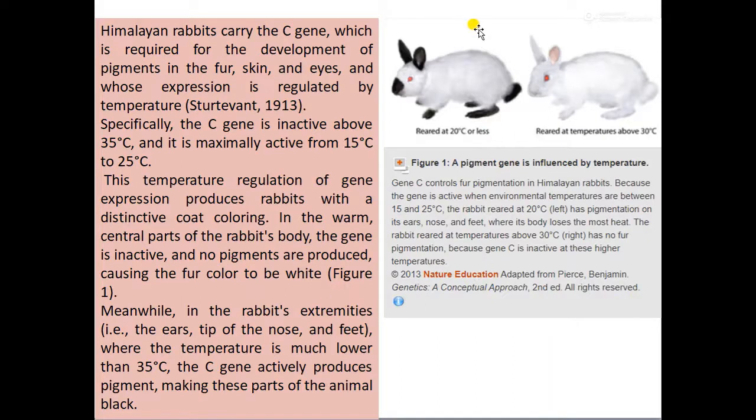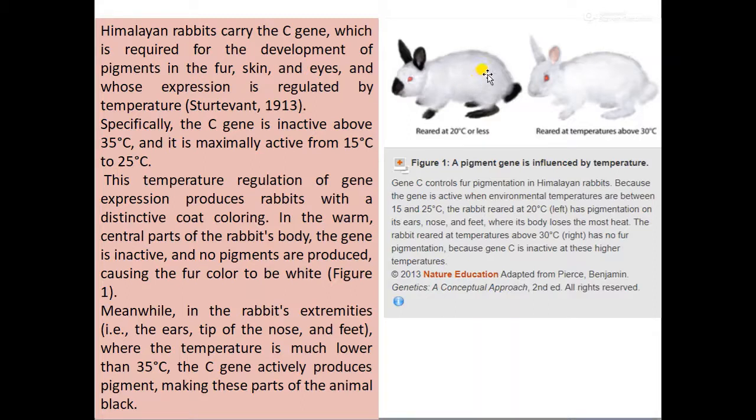Now, if you look at this rabbit over here and consider these white parts, what happens? The heart and all the organs are working more there, and as a result of metabolism, the heat generation is higher.